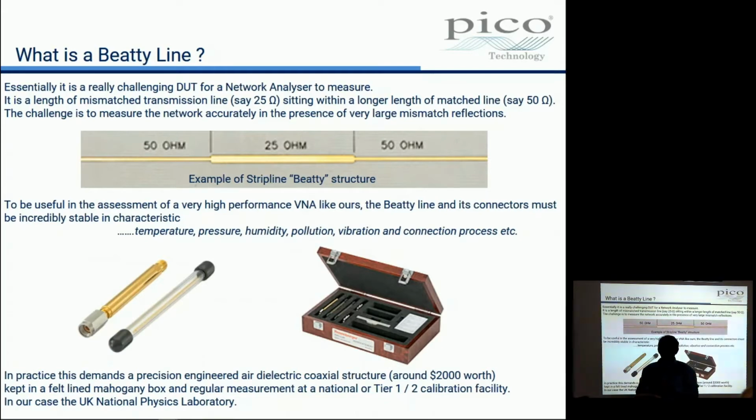And so we're going to have a center conductor completely and utterly supported by the connectors at the end in an air dielectric. A very precisely engineered piece of pipe. They're about $2,000 and they come in mahogany boxes with padlocks on the front, that sort of thing.